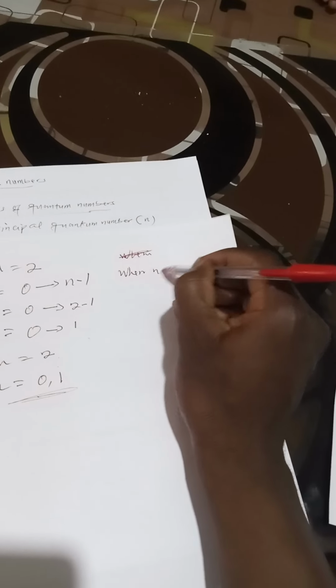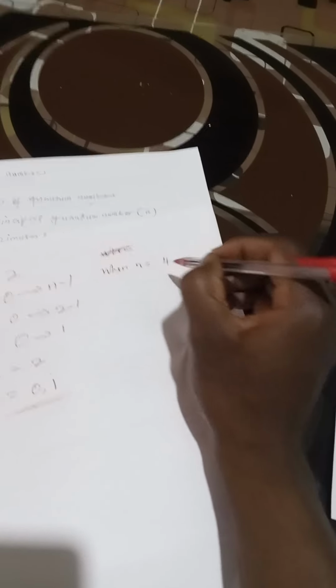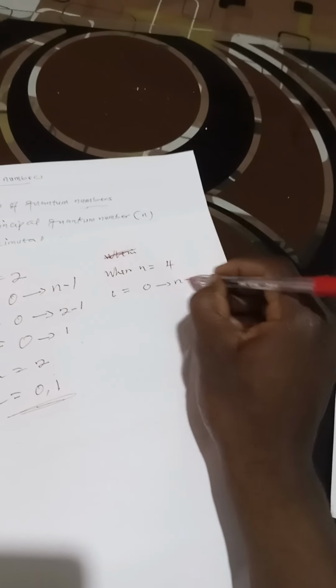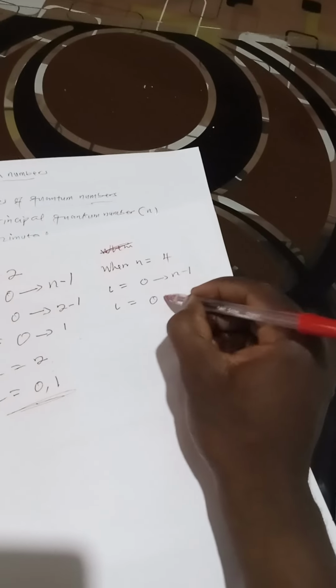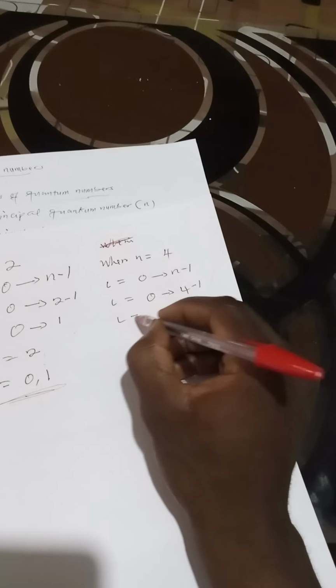Let's do this one. When n, the principal quantum number, is equal to 4, what are the values of l? l will be equal to 0 to n minus 1, so that is 0 to 4 minus 1, 0 to 3.